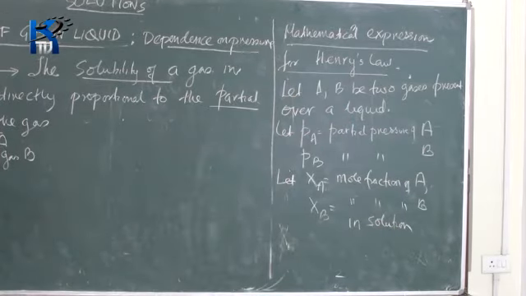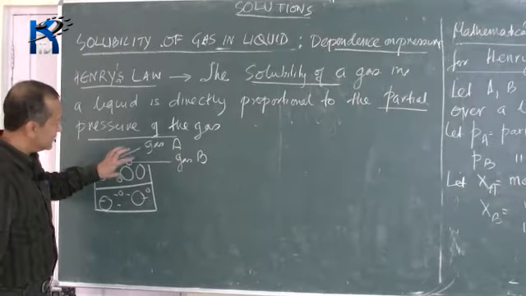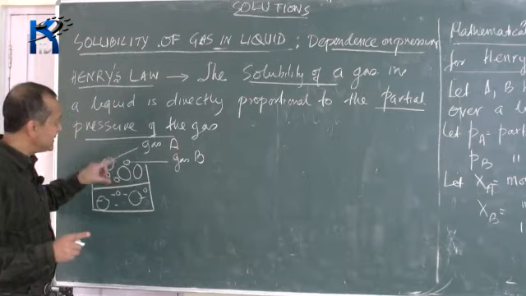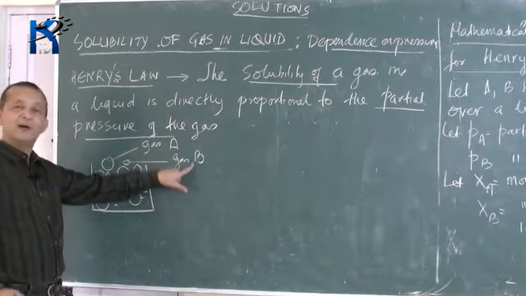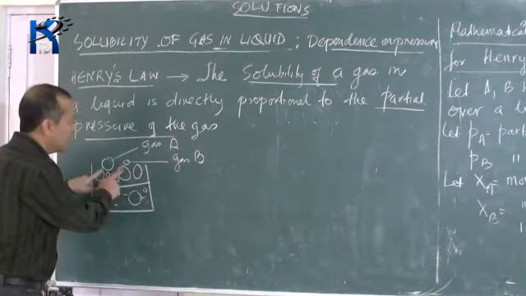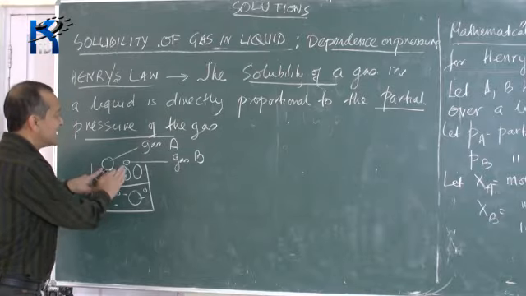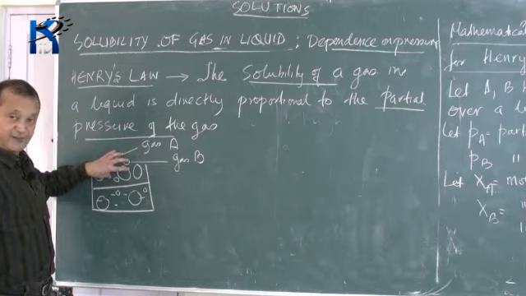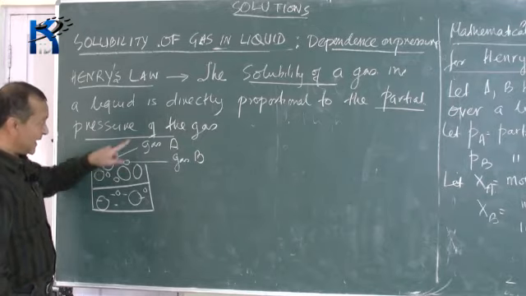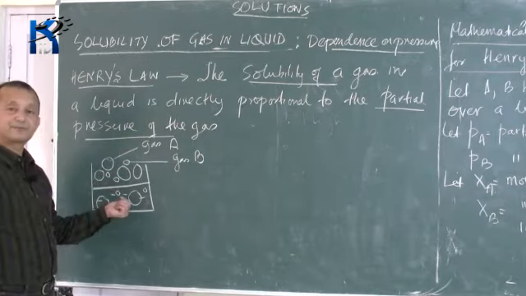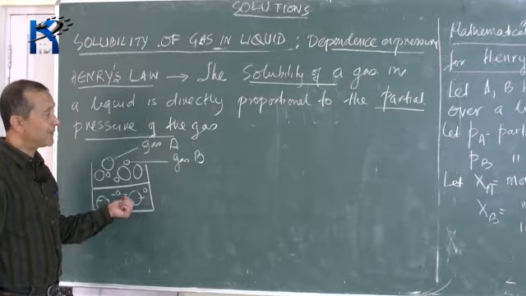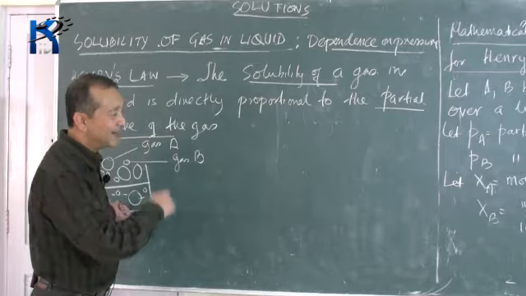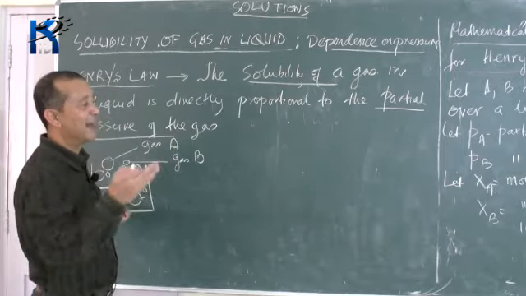So PA and PB, it is the partial pressure of A and partial pressure of B on this gaseous portion of the system, over the surface of the liquid. Now once A and B have dissolved in the liquid, how much of A and how much of B has dissolved is represented by XA and XB.